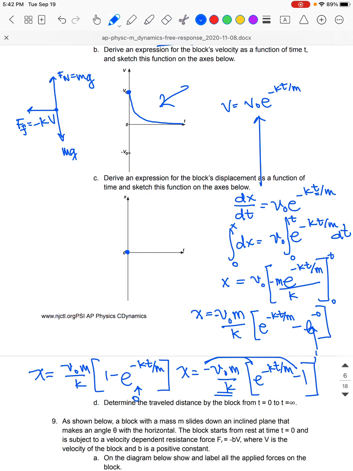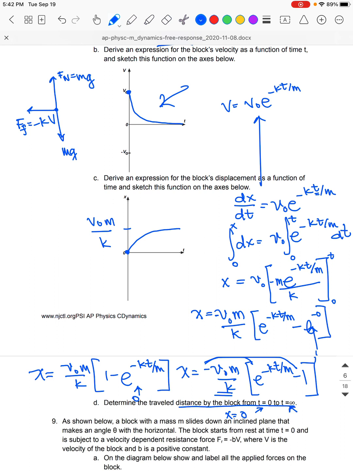And so as t goes to infinity, the function is going to reach a value of v naught m over k. And that actually answers our distance traveled by the block from t equals 0 to t equals infinity. As we stated, if we plug in 0 for time, x is equal to 0 because 1 minus 1 equals 0.